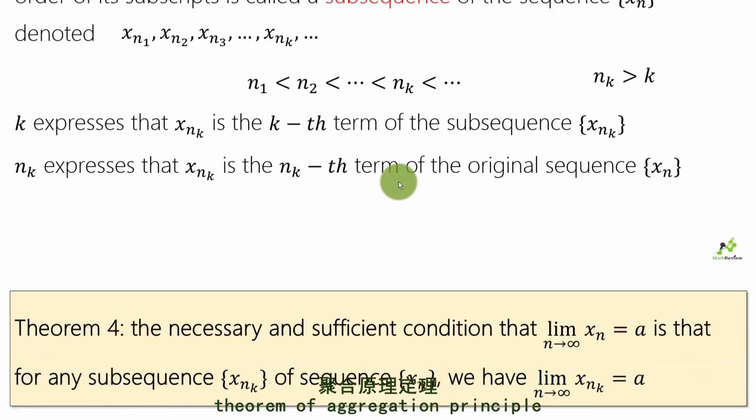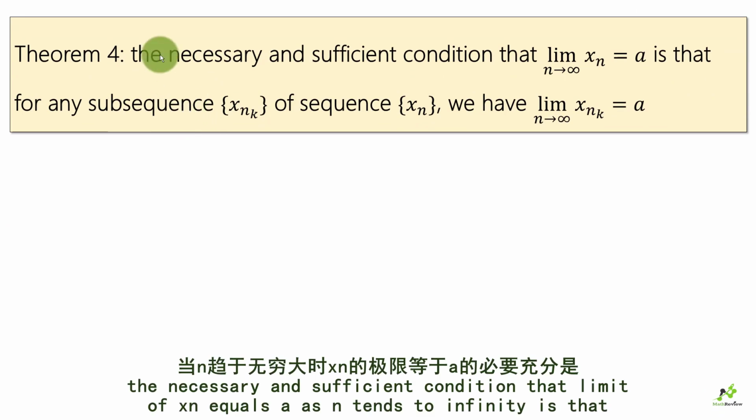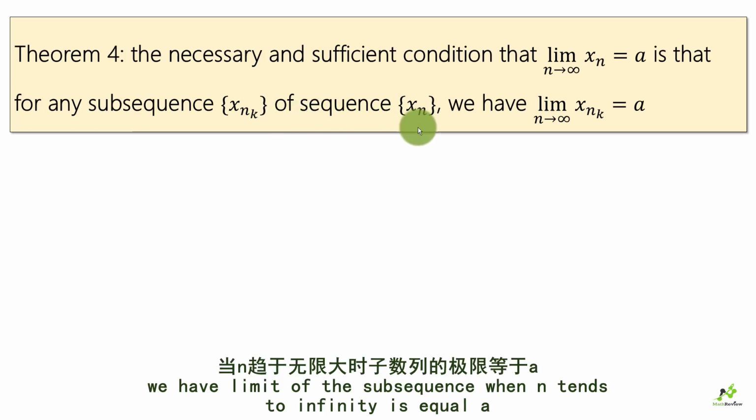Theorem of the aggregation principle. The necessary and sufficient condition that the limit of xn equals a as n tends to infinity is that for any subsequence x sub n sub k of the sequence xn, the limit of the subsequence as n tends to infinity equals a.